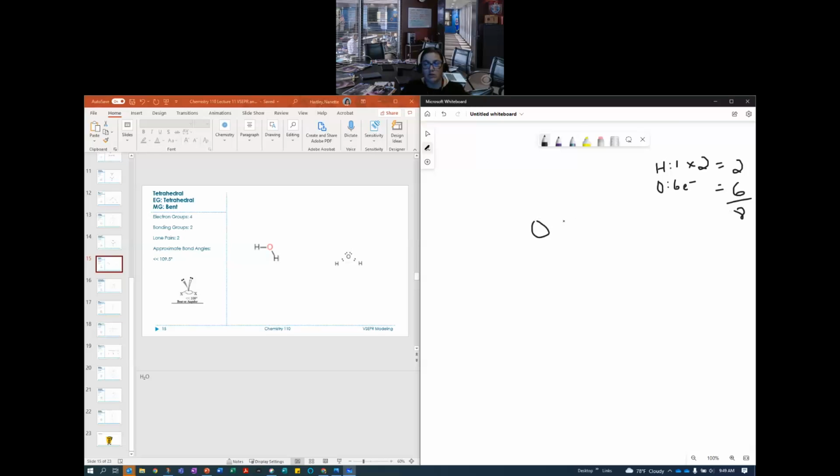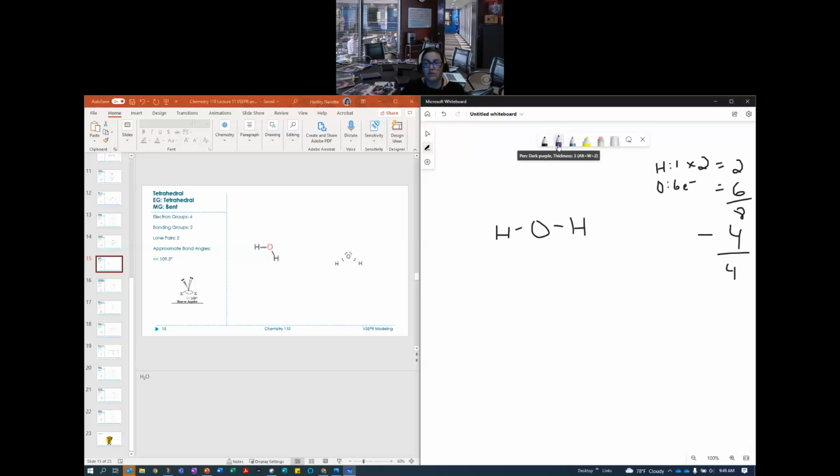Put my oxygen in the center, an H over here, and an H over here. Draw 1 bond there. And then that leaves me with 2, 4. So I've taken off 4 of them. That leaves me with 4 electrons I need to distribute.